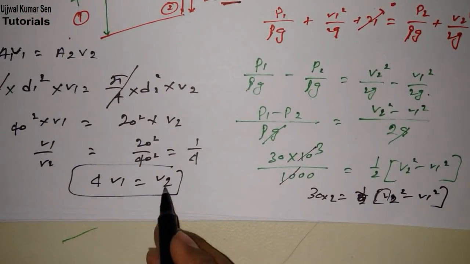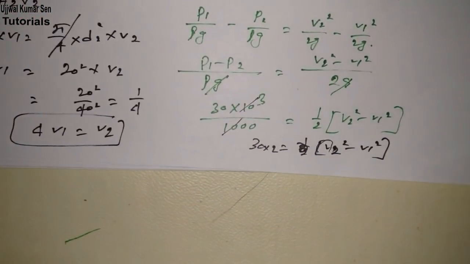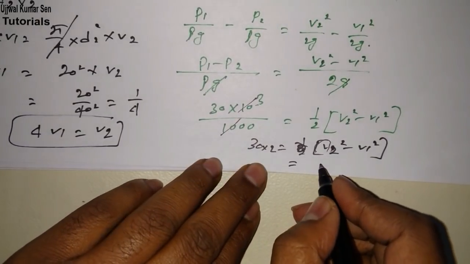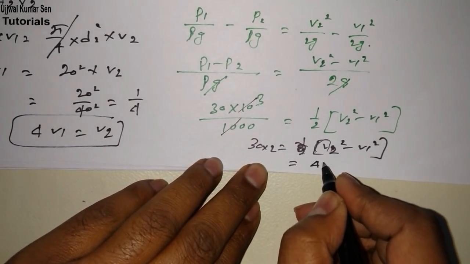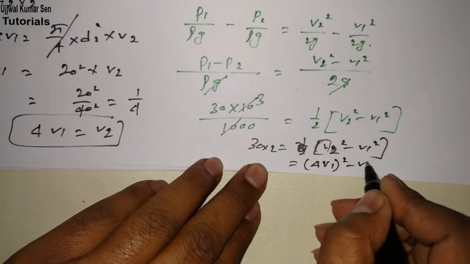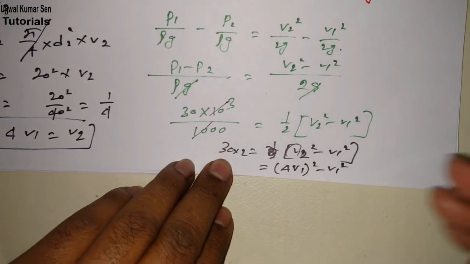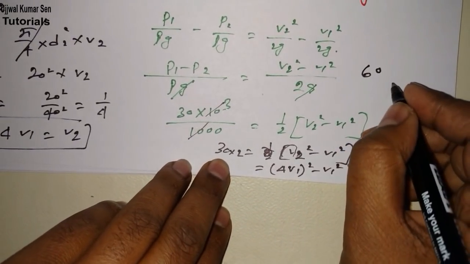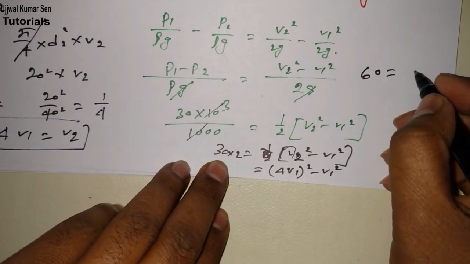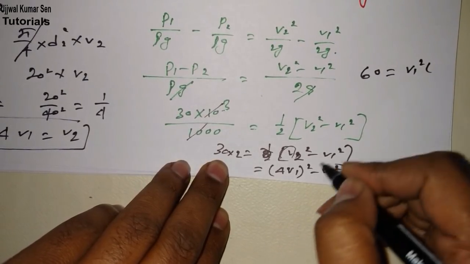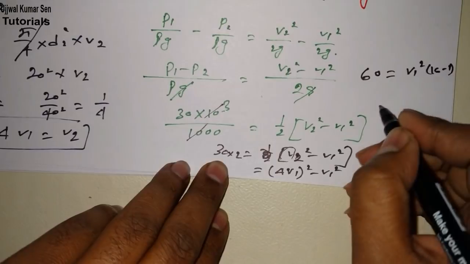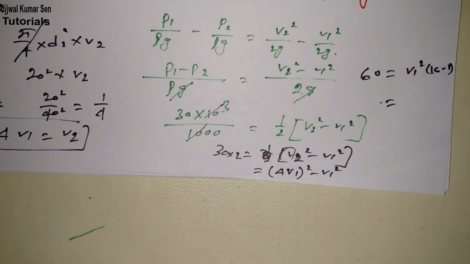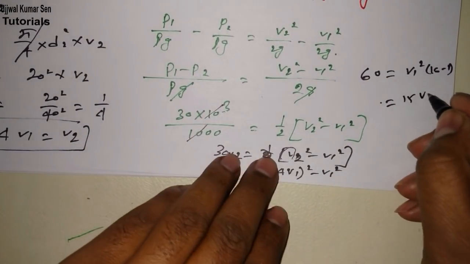Now put this value of V2 here. So what we got basically is 4 V1 square minus V1 square, right? So 60 is equal to V1 square times 16 minus 1, that means 15 V1 square.